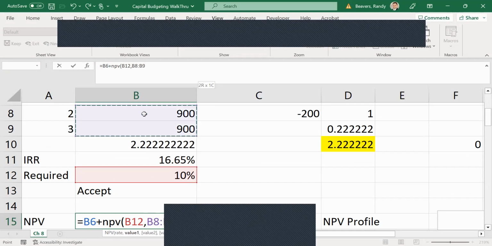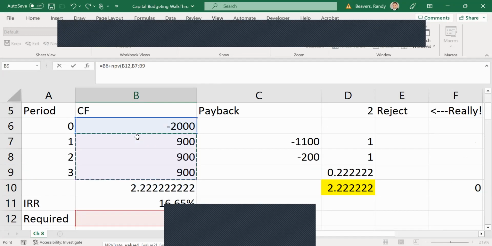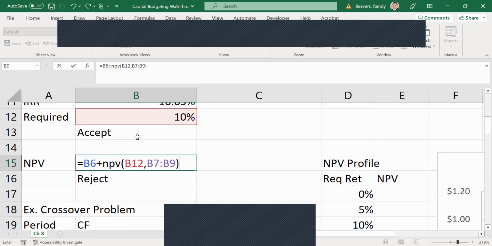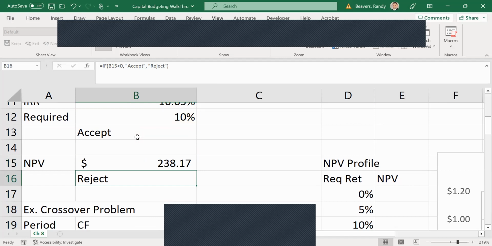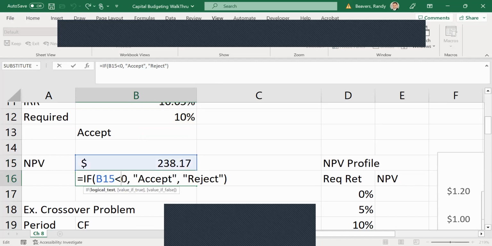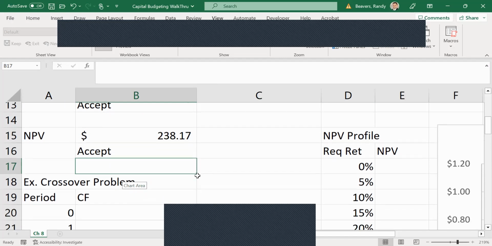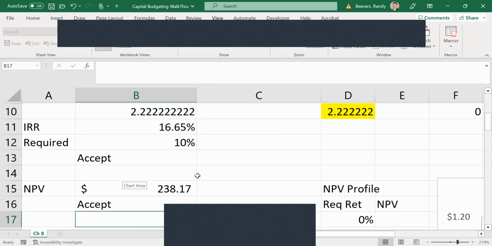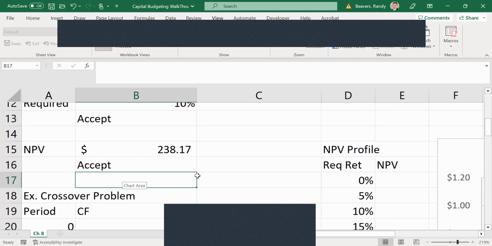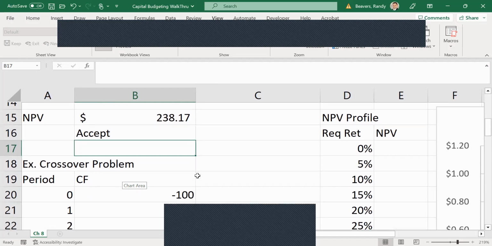And then we highlight the other cash flows, not including the period 0 cash flow. And then one other note here. Let's swap our sign. It should be that way around. We always accept positive NPV projects. So that's payback period, IRR, and NPV. Now going into some problems in more detail.